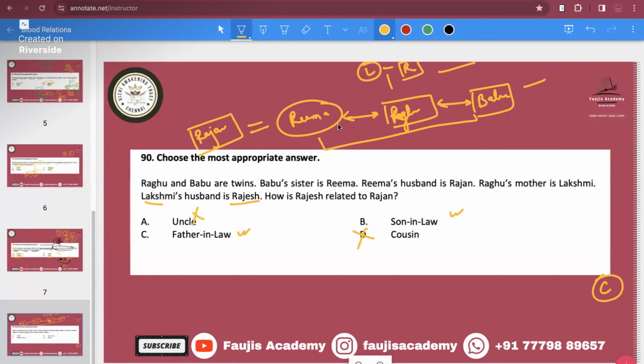Since Rima is Rajesh's daughter and Rajan is Rima's husband, Rajesh is the father-in-law. Right, guys? Any doubts, any queries, any problem in this?